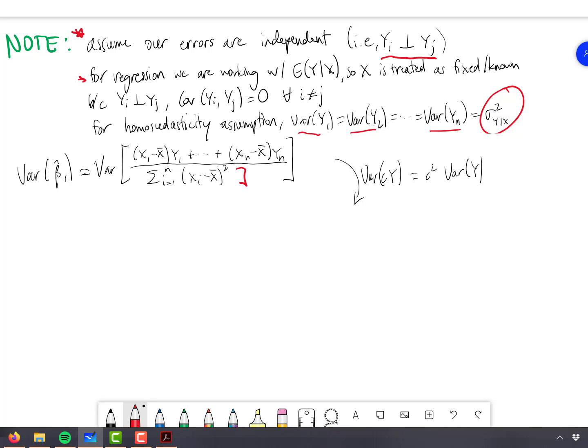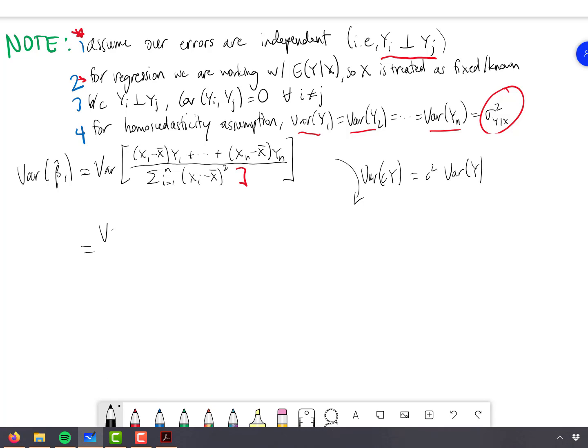Specifically, in our denominator we have the sum of xi minus x bar squared, which is a constant because, thinking back to our second point above, that assumption treats those x's as known constants.